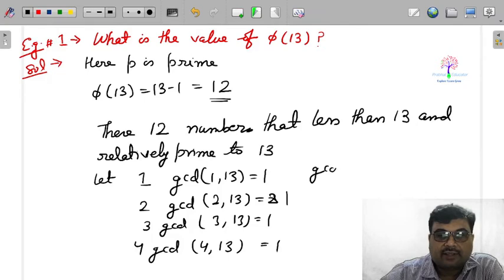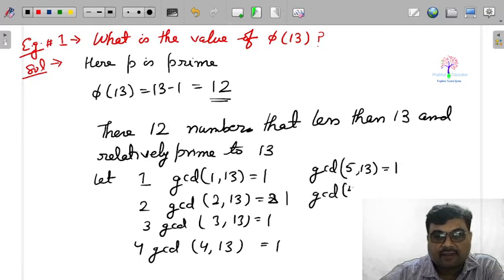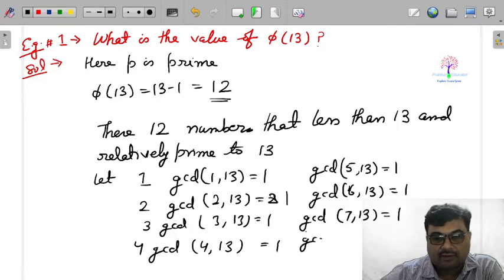Then the GCD of 5 and 13 is 1. GCD of 6 and 13, you get 1. GCD of 7 and 13, you get 1. GCD of 8 and 13, you get 1.